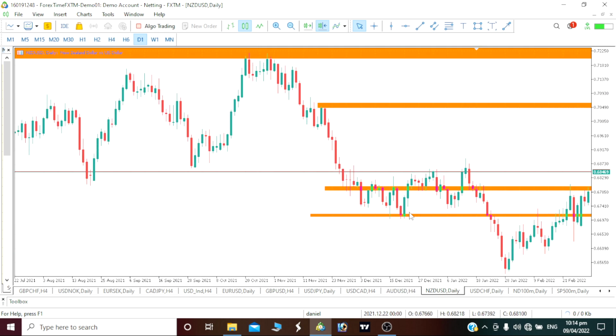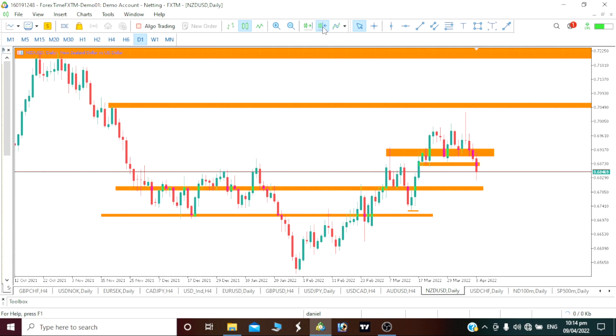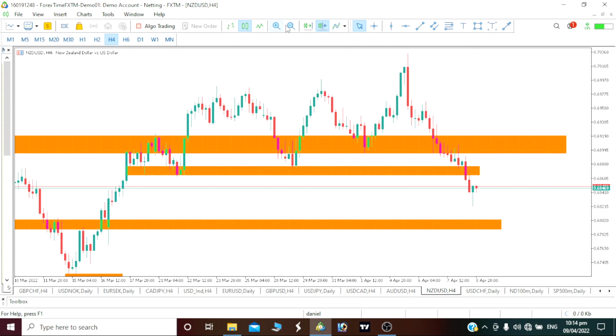On our New Zealand USD, same thing that I personally am looking for. I'm looking for our New Zealand to get to this my area here before I can consider taking a buy move or continuing our bearish move. But definitely I want to be seeing a sell move to this our area here before I can consider taking a buy position. Now let's see our 4-hour time frame.